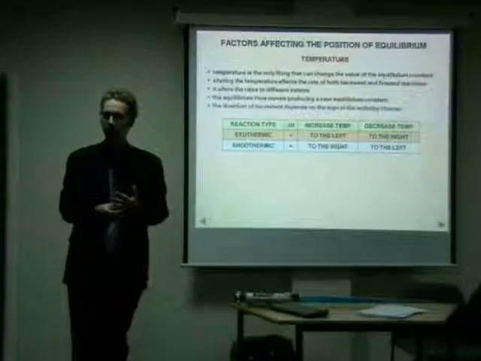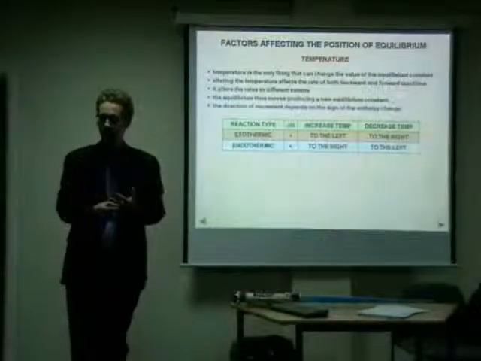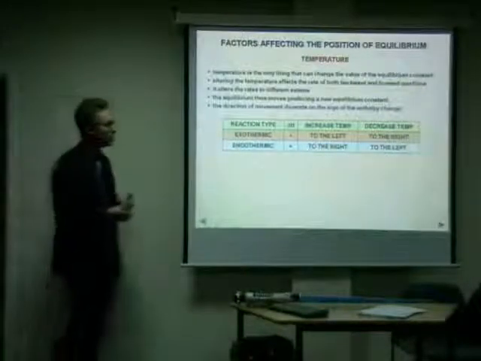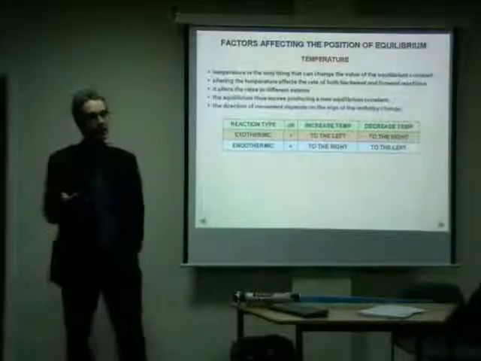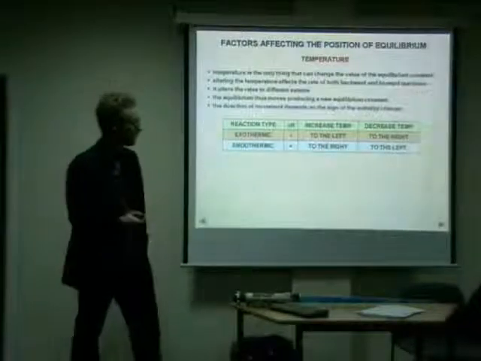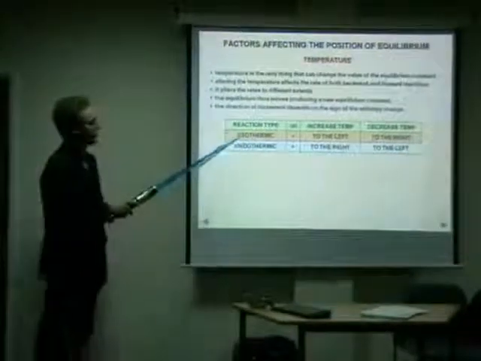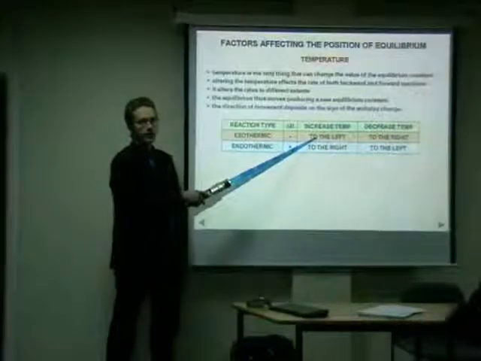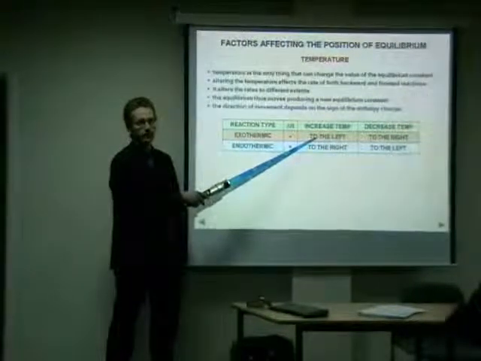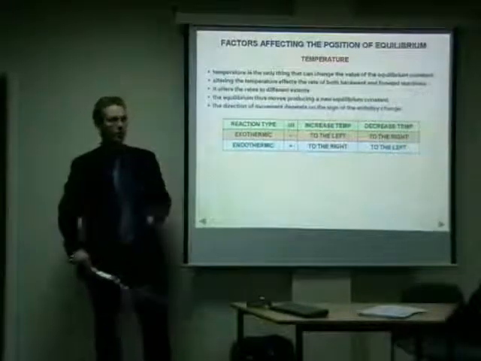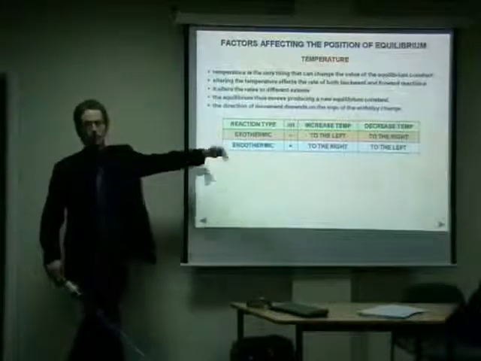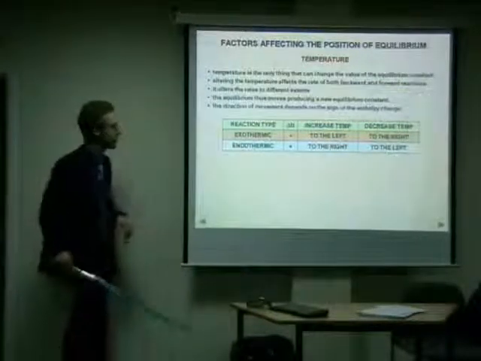Happy with that? You sure? So, if you heat it up, it will move endothermically. If the forward reaction is exothermic and you increase temperature, it'll go left. You heat it up, it goes in the endothermic direction. If the forward reaction is exothermic, then the backward reaction is endothermic.